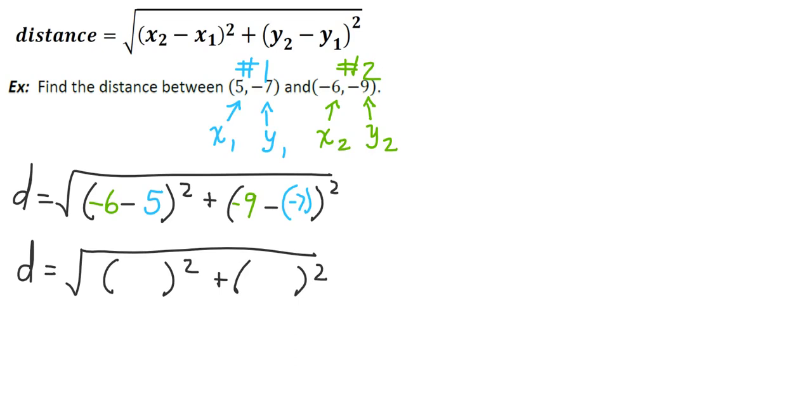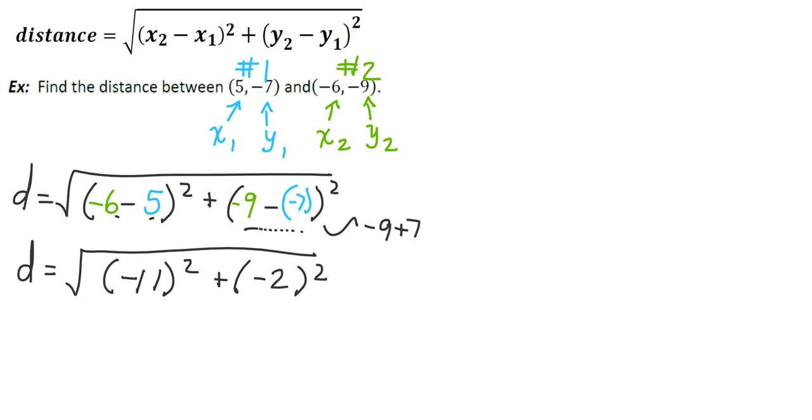We'll have -6 minus 5, -11, and that will get squared. And then we have -9 minus -7. So -9 minus -7 is -9 plus 7.